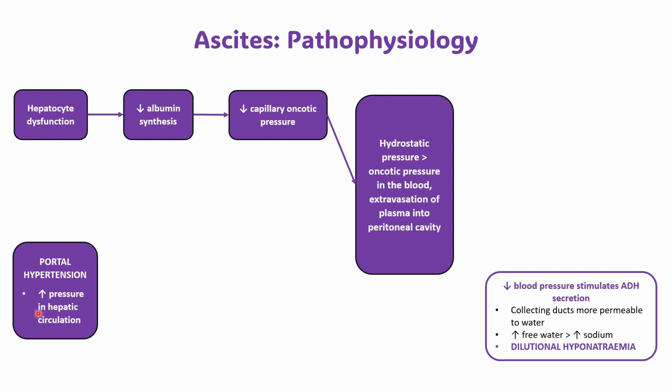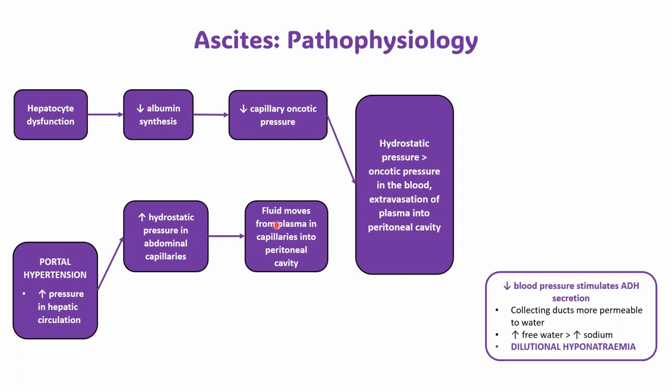So we have portal hypertension. This is our main mechanism. So increased pressure within the hepatic circulation, increased hydrostatic pressure within the abdominal capillaries. Fluid moves from the plasma in the capillaries into the peritoneal cavity, and essentially it's resulting in the same end result. And we can also have nitric oxide entering the systemic circulation because of the increased pressure.